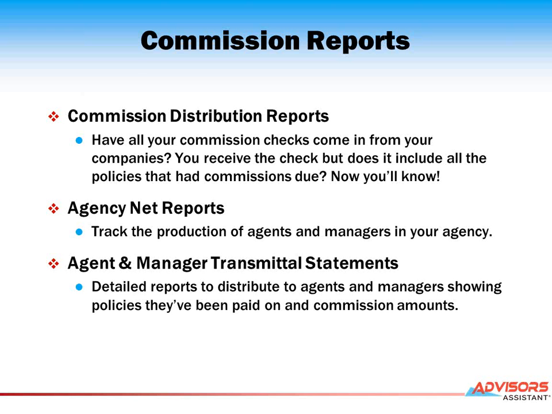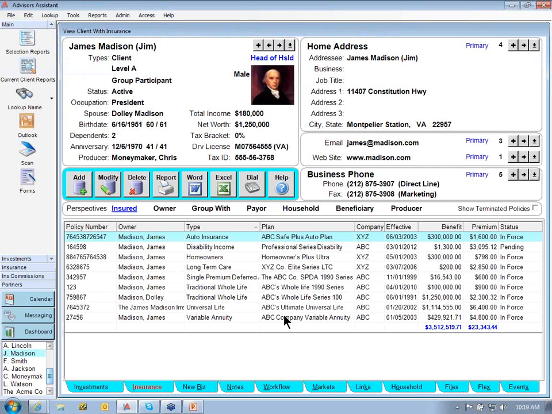So let me go ahead and switch over to Advisor's Assistant here. And now let's go ahead and get started tracking commissions. The sample database that we're using already has our contacts and policies in it. Today's webinar, we're focusing on commissions, so we're going to go right to the rate tables.